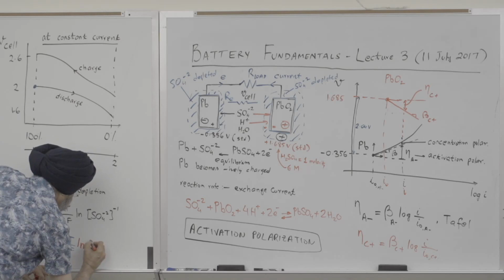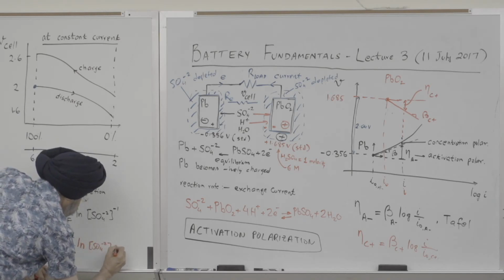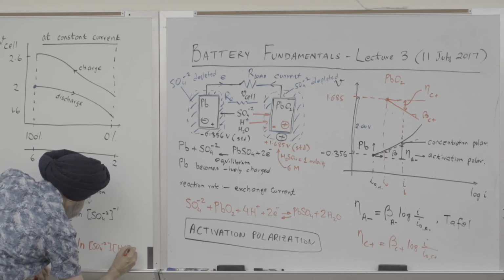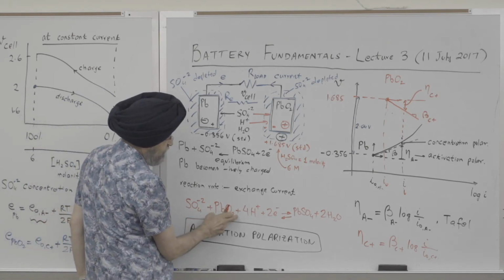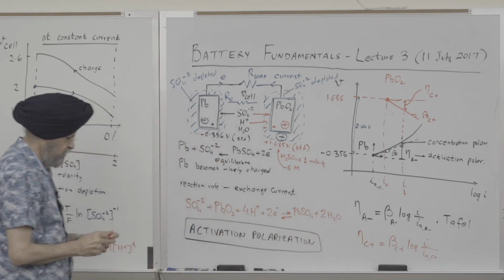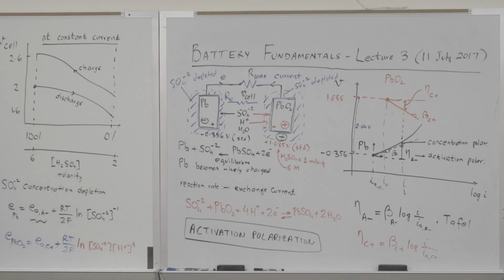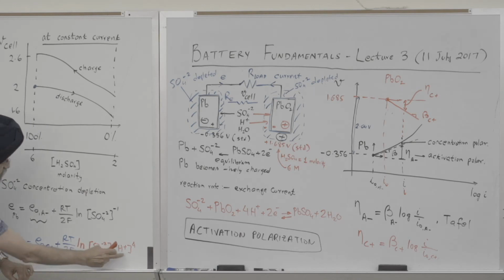So I can say SO4 minus 2, H plus to the 4, and I'm ignoring lead oxide, lead sulfate, and water, which have activity of 1. So notice now, as the sulfate ion concentration decreases around the lead oxide electrode, this value goes down, right? And also the hydrogen ion concentration decreases.